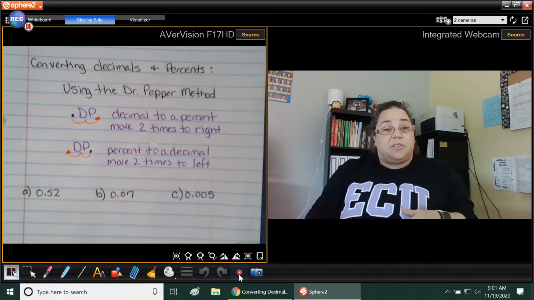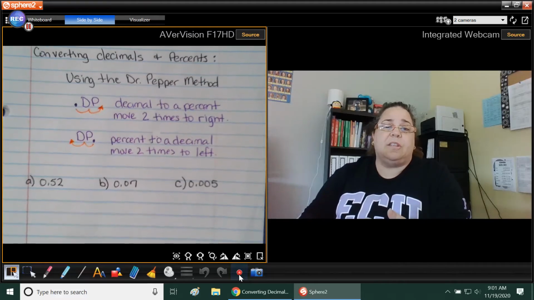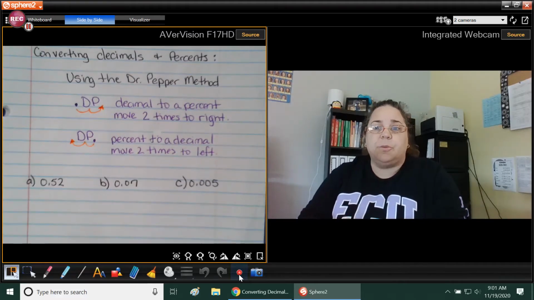All of these are decimals, and we're going to practice by moving them to change them to a percent. We're going to convert them to a percent.